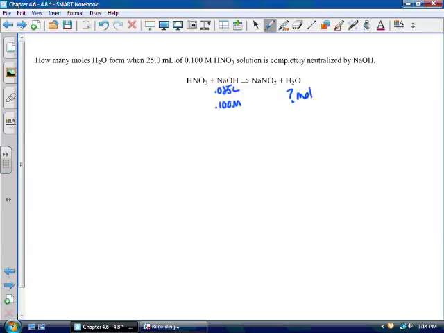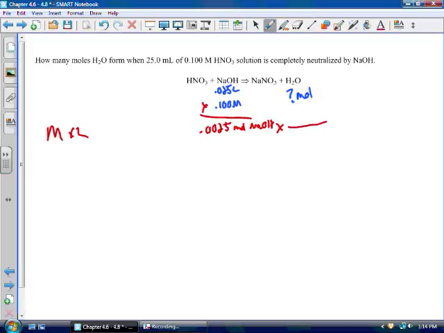The first thing we do is take our molarity times our volume. So 0.025 times 0.1 gives me 0.0025 moles of NaOH. Now that I know the moles of NaOH, I need to get from moles given to moles wanted, which needs the ratio.